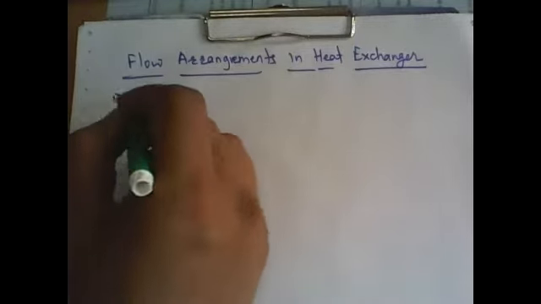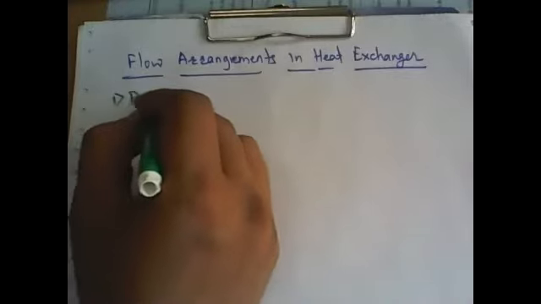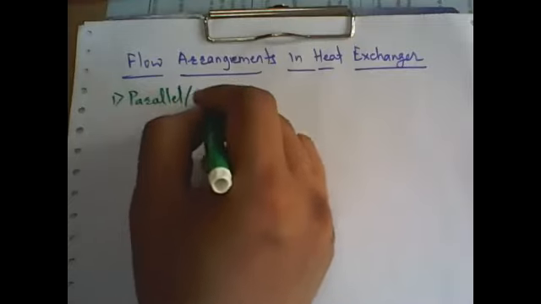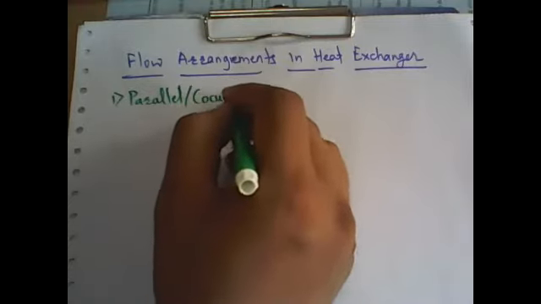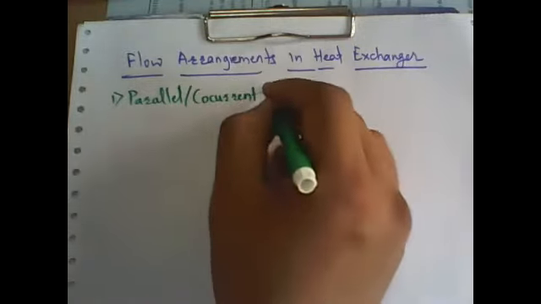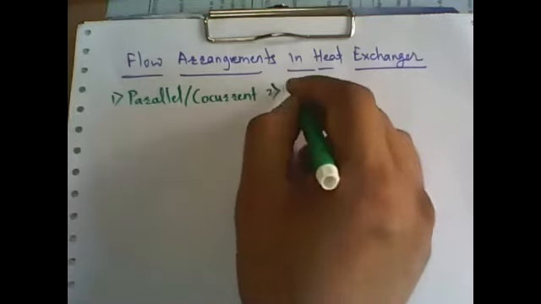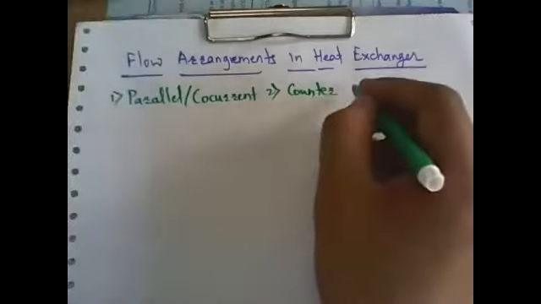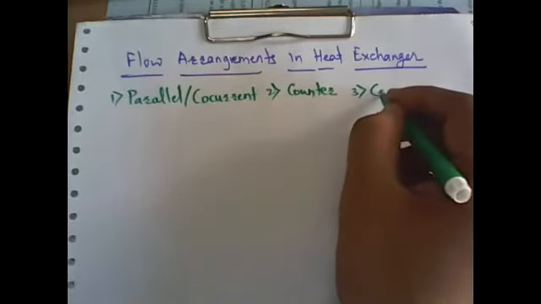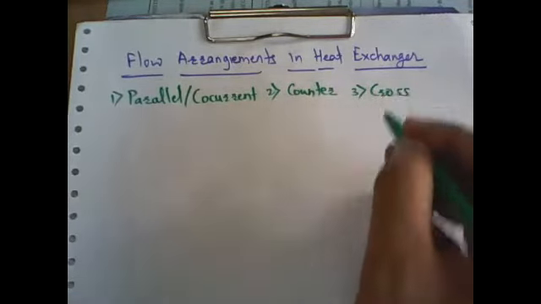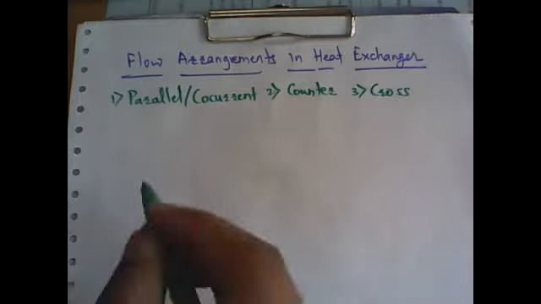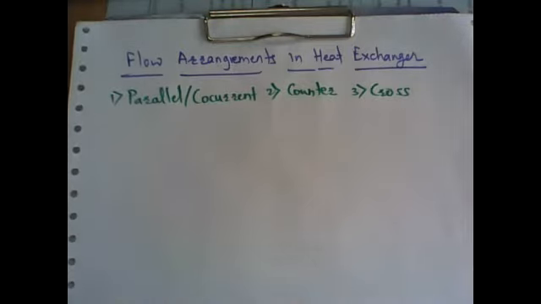The first is parallel flow arrangement, also called co-current. Then counter current, and the third one is cross.